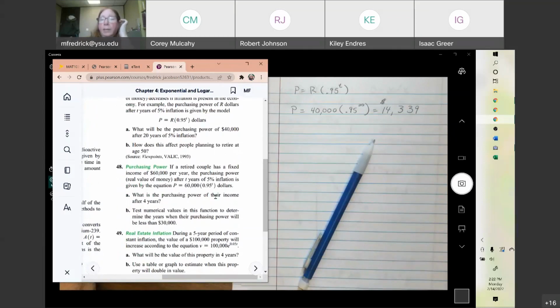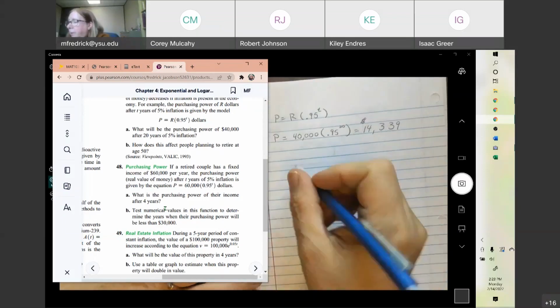Let's look at number 48. Just A. The other one, I don't want to just plug in a bunch of formulas. We're going to learn how to solve it in the next section. If a retired couple has a fixed income of $60,000 a year, purchasing power, real value of money, after T years of 5% inflation is given by this formula.